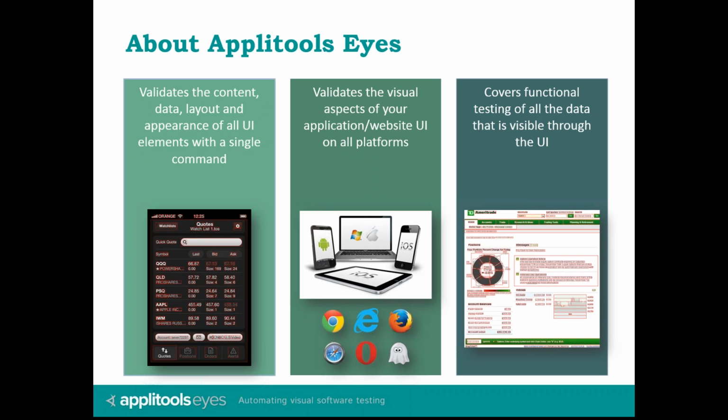Every piece of functionality whose output is available in the UI can be tested using this tool. Just to give you a naive example, if you have a calculator and you enter 1 + 1 and it comes out as a 3, then 3 does not look like a 2. The tool will catch that. It did catch a visual difference, but it indicates a functional defect.